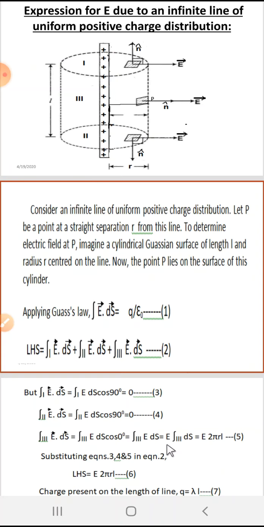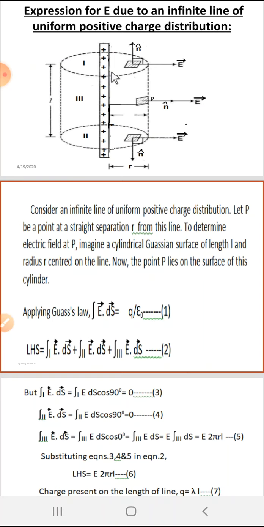Taking E outside, we get E times the integral of ds over the curved surface, which is the curved surface area, 2 pi RL. So the relation becomes E into 2 pi RL. Substituting equations 3, 4 and 5 in equation 2, the first two values are 0 and LHS equals E into 2 pi RL. Let it be equation 6.